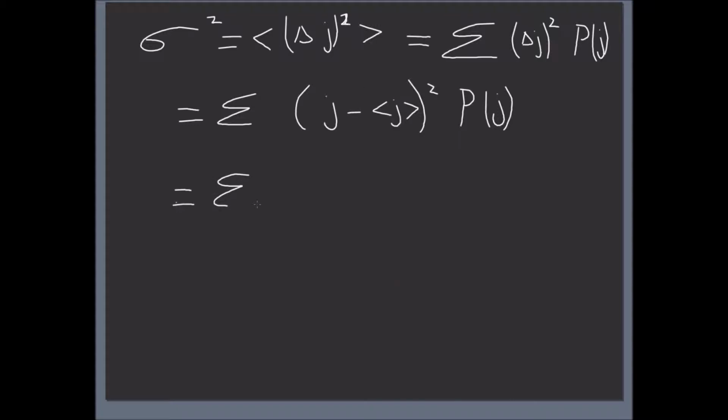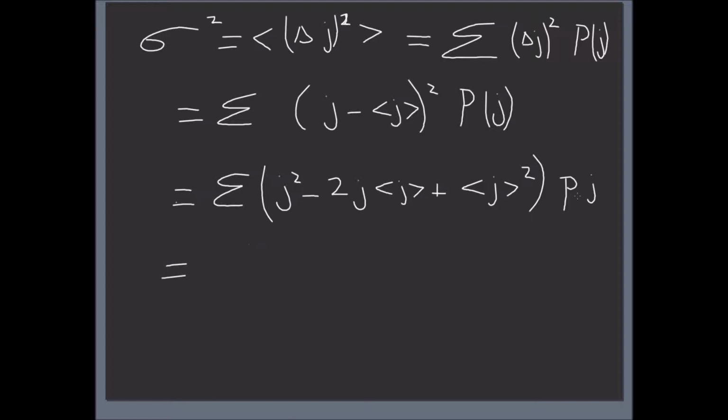So we have the sum of j squared minus 2j times expectation value of j plus expectation value of j squared, times p of j, right? And we have 3 pieces, so this probability of j is for each piece, right?